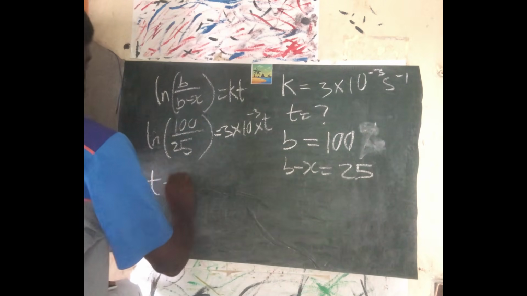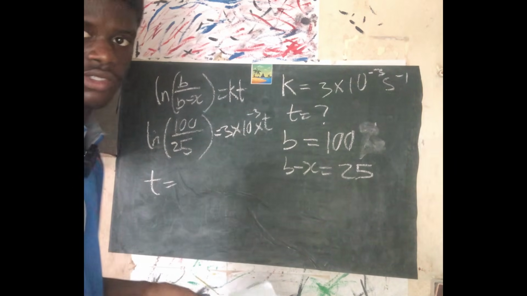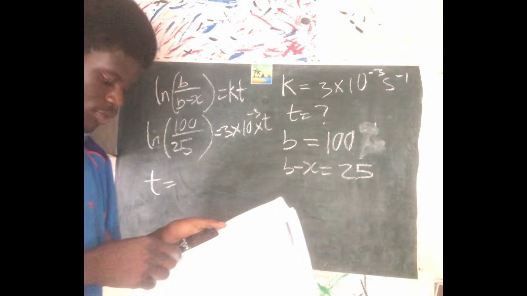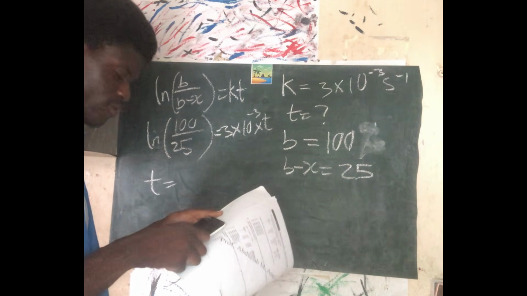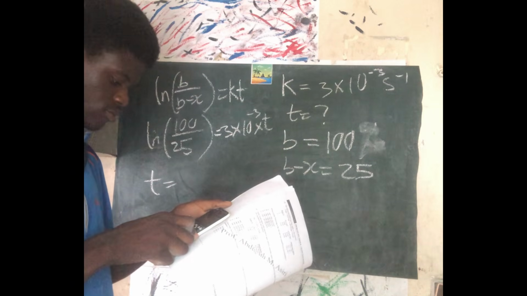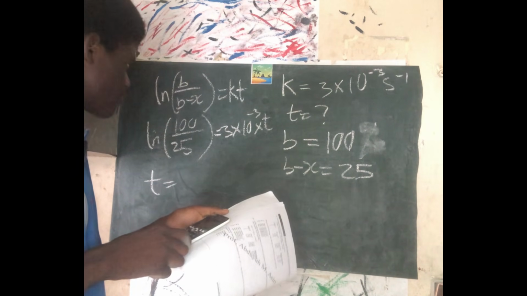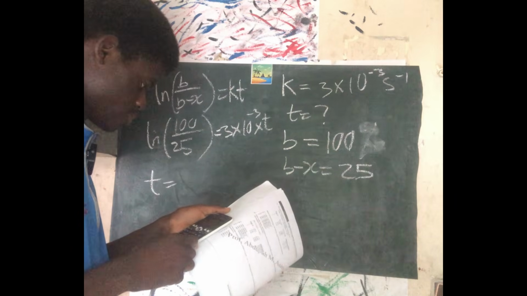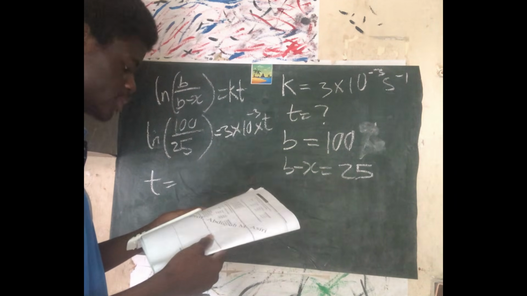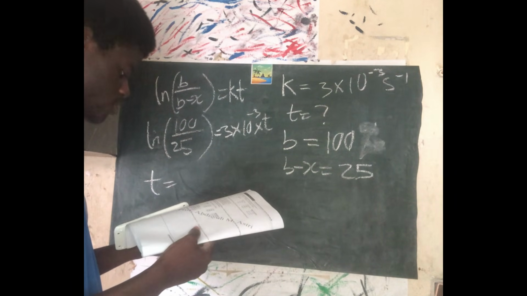So if you solve for t, let me just do it directly: ln of 100 over 25 divided by 3 times 10 raised to power minus 3. That will give us 462 seconds.